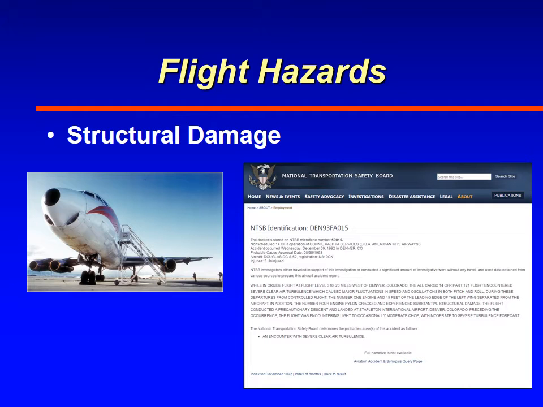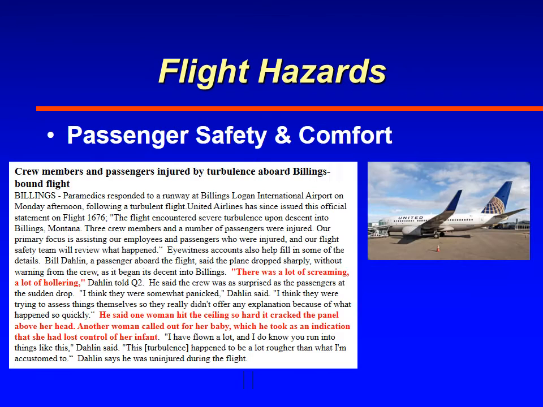The outboard 19 feet, I think it was 19 feet, of the left wing departed the aircraft as well as the number one engine. Encounters with severe turbulence, mountain wave turbulence, can cause structural damage.